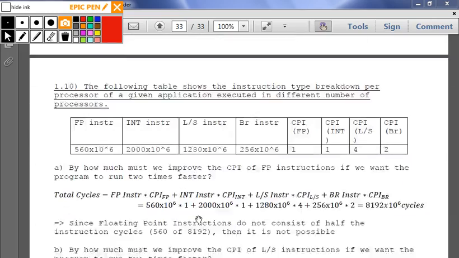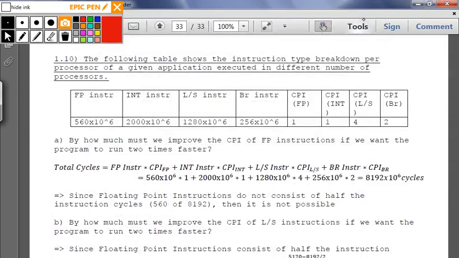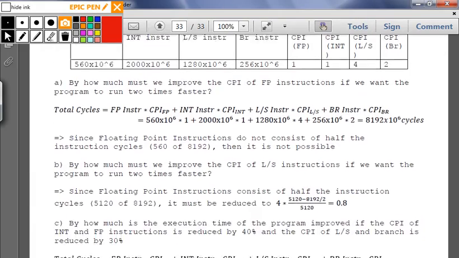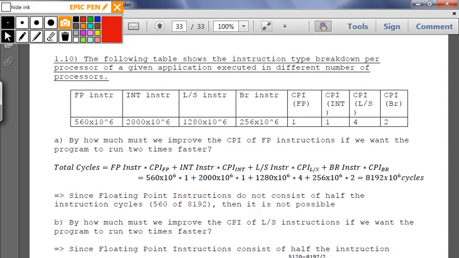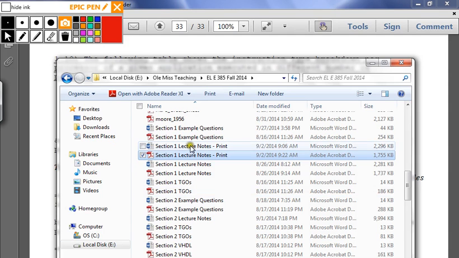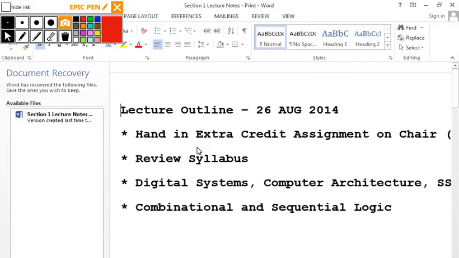So this is the last example question of section 1. So the homework assignment, and I'm going to type this up for you real quick and then run through the problem, is going to be, I believe, TGO 1.27 through 1.34.